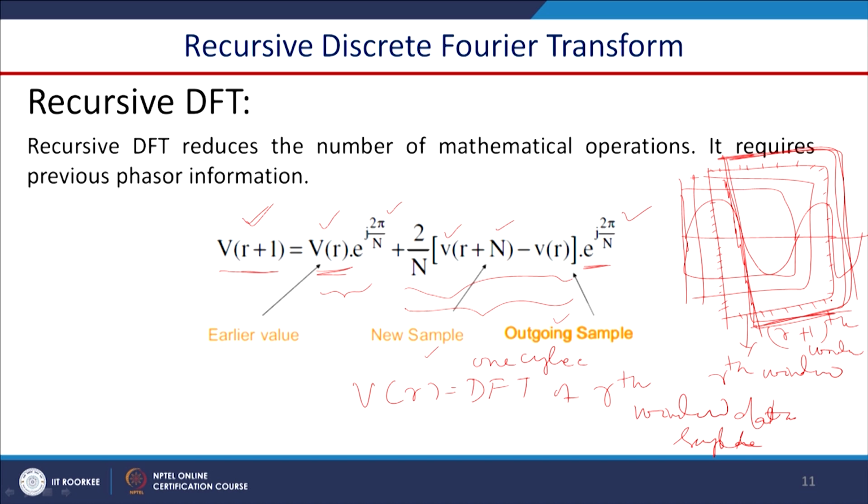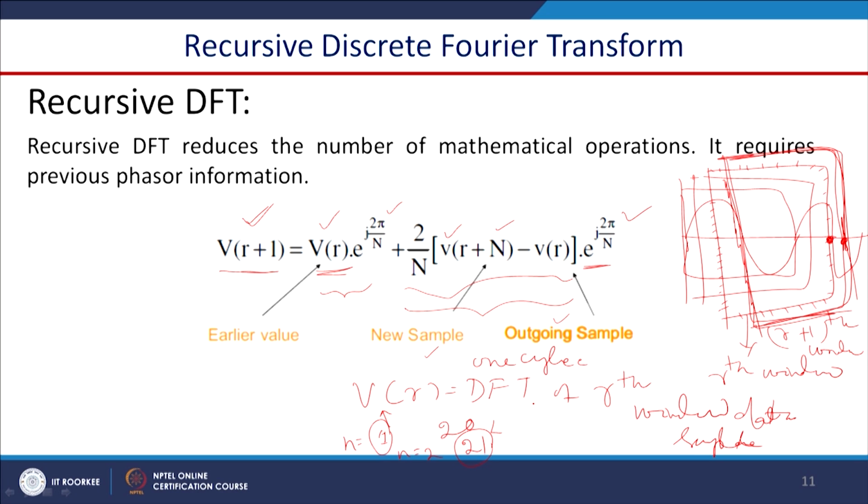Of course, when you move from one window to the next window, within consecutive windows one old sample is rejected and a new sample enters. In this case, this window ends here, this was my last sample and this is a new sample which has entered. If we say n is equal to 1 to 20 and the next window is n equal to 2 to 21, then the first sample is discarded and the 21st sample enters the fresh window.